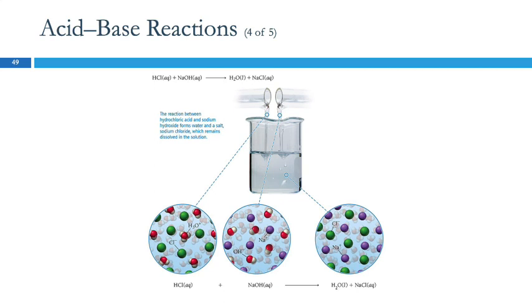So here we're not really seeing the water molecules that got formed because they just mix in with the gazillions and gazillions of other water molecules that were already there. And so what we've got left here is literally salt water. So you mix the right combination of sodium hydroxide and hydrochloric acid and you end up with salt water.